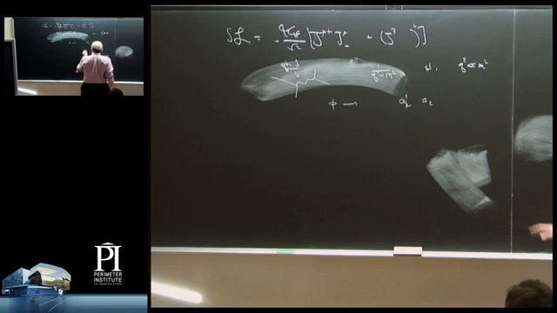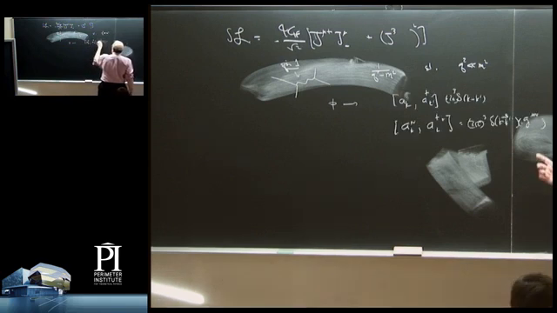For a vector field, the natural thing to do is to write an equation that looks like this, with g mu nu, or maybe minus g mu nu.